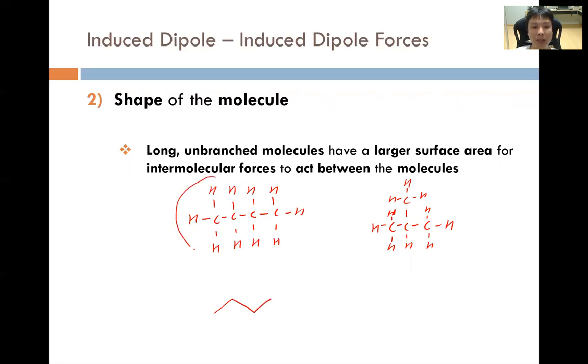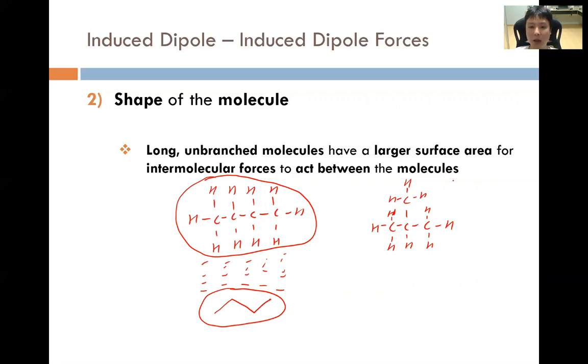The interaction between this molecule and this molecule is basically this entire part. This is the entire surface area that is allowed for ID-ID interactions between this molecule and this molecule. However, if you look at this, this is a branched molecule, and hence this will be closer towards a sphere.